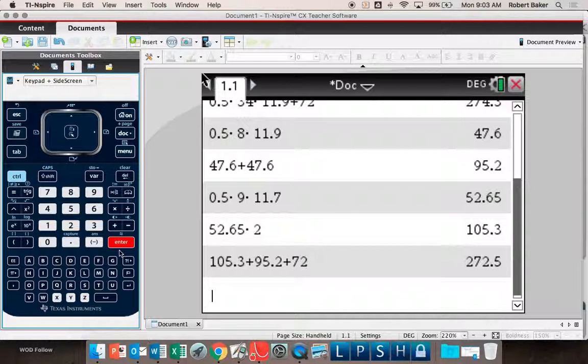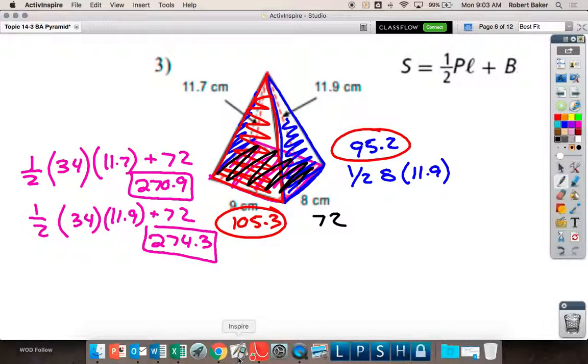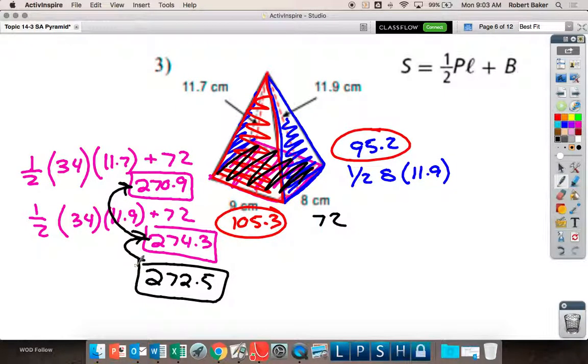Did it work? So right smack dab in the middle.